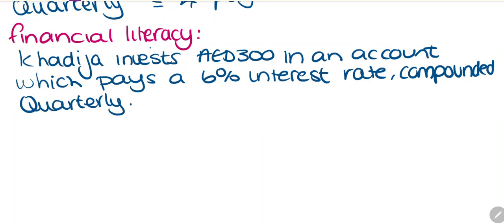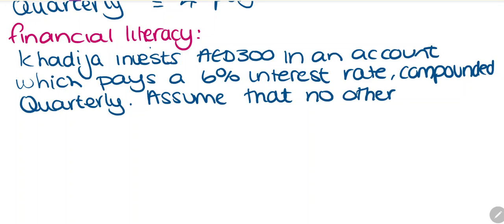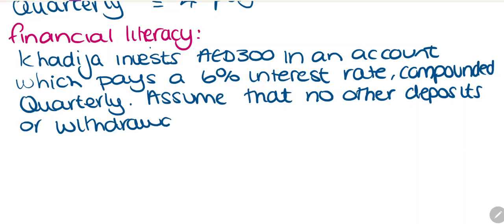Now, we're assuming that no other deposits or withdrawals are made. So we're assuming we just put money in at the beginning and we let the money gain interest for the fixed term.